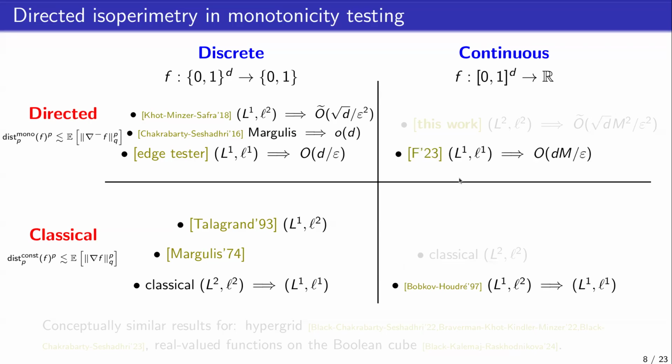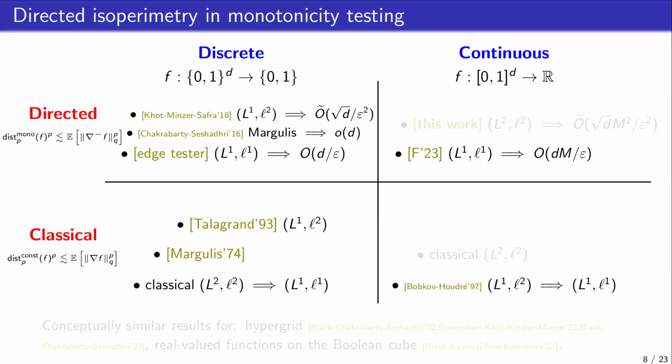And then there is a directed analog of this inequality. This is something that I showed in a paper last year, at RANDOM 2023. And this gives you an O of D tester in the continuous setting. So this is somehow the equivalent of the edge tester in the discrete world, but now in the continuous world. So we obtained our first connection. We started this program also in the continuous setting. Things seem to be working.